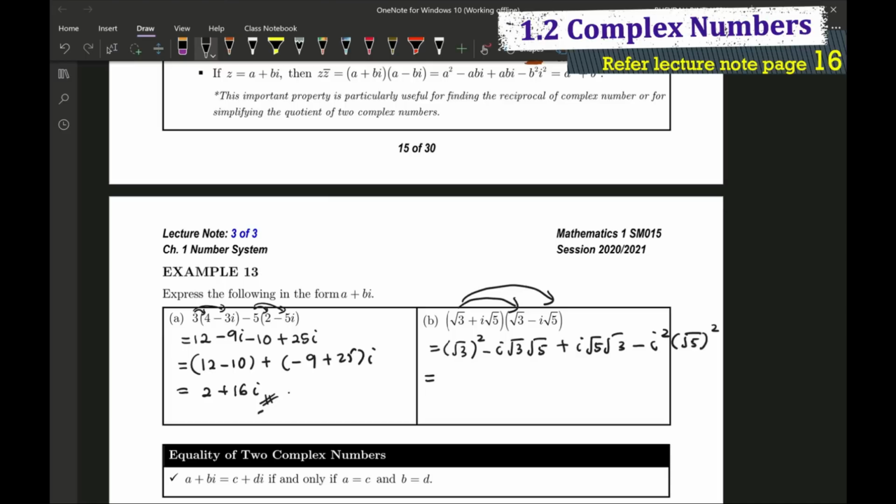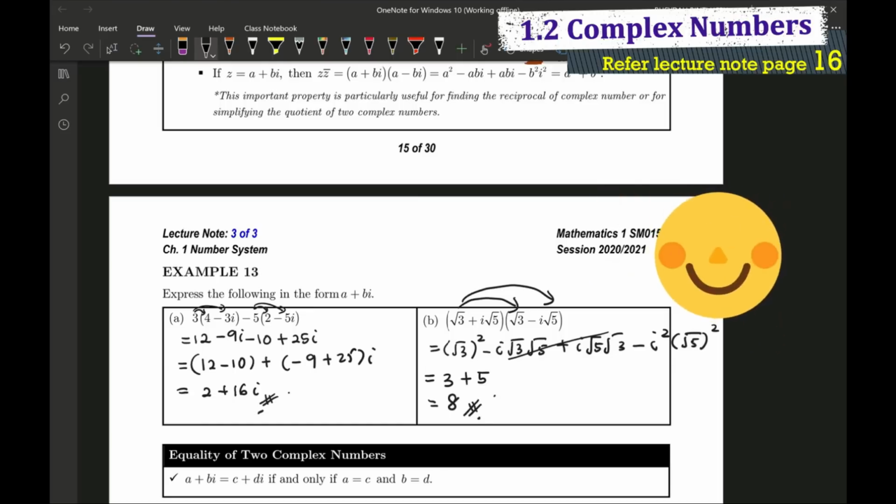So at the end we get 3. This one will eliminate, because negative plus positive, we don't have it anymore. And this i squared equals -1, so negative multiplied by negative, we get a positive. So plus 5. So at the end we get 8. We must be very careful. When doing maths, you need to be very, very careful. Okay, that's it for example 13.